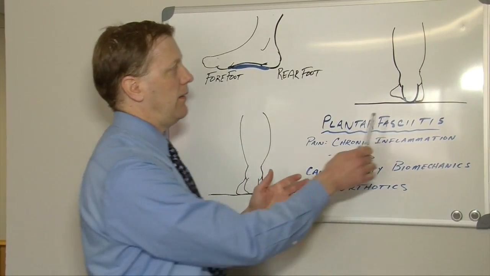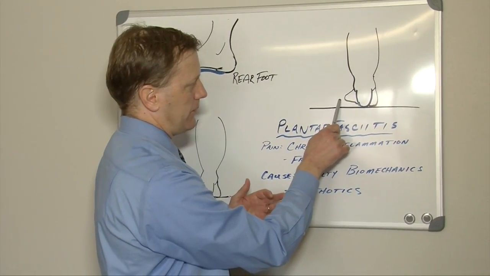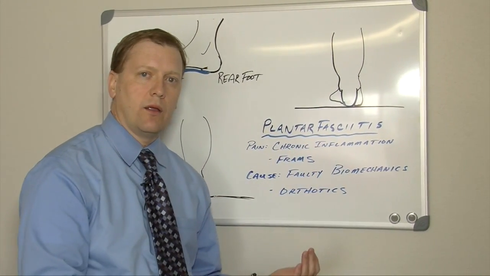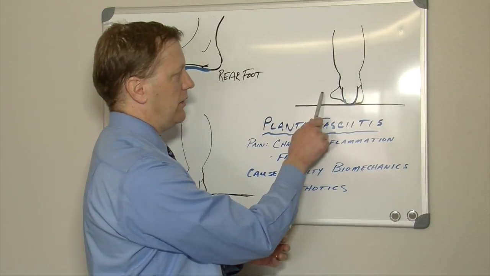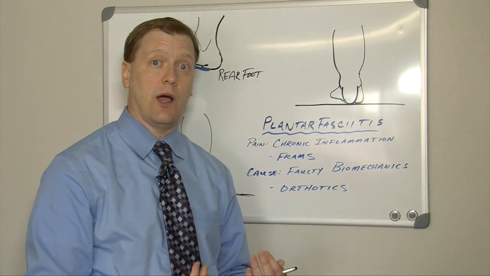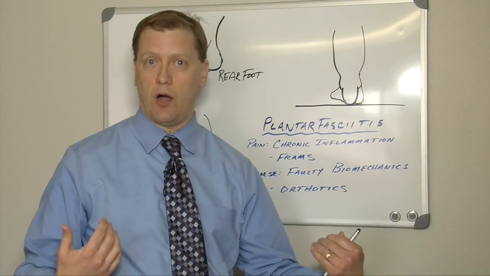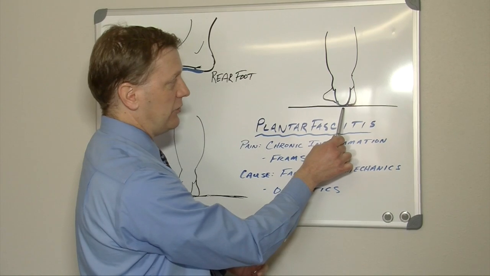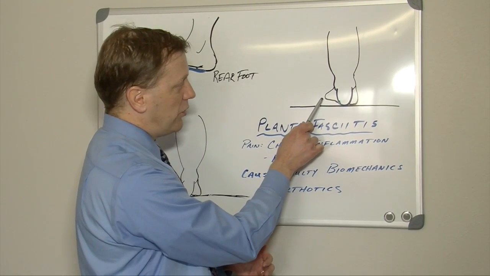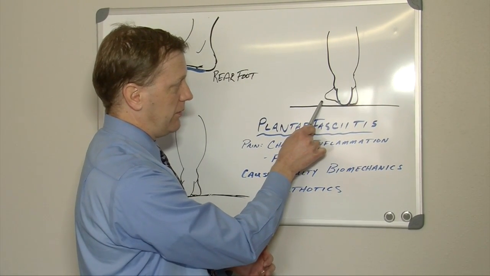So if you look at the forefoot, when we walk, the main job of our body is to get the heel and the forefoot to touch the ground, and then we can propel off of that. In a situation like this, the heel touches the ground, but the forefoot stays above the ground.